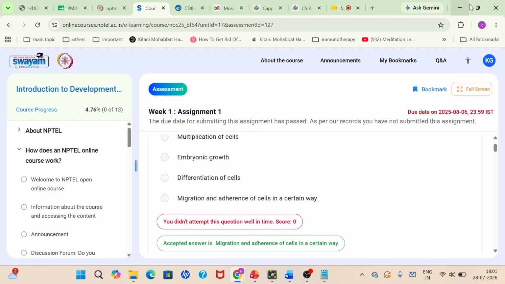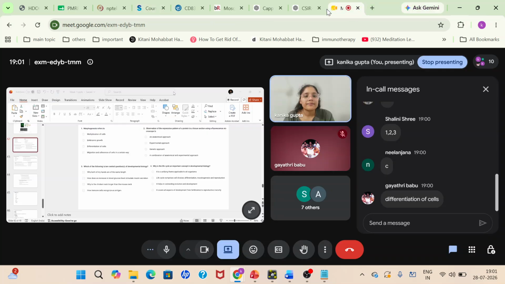So according to the assignment, the answer is migration and adherence of cell in a certain way. But according to me, it should be answer C again. That's why I had to check.